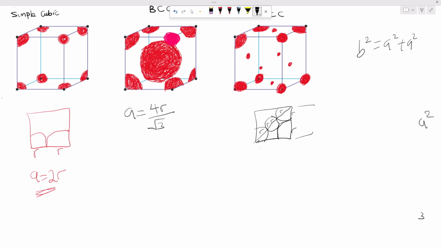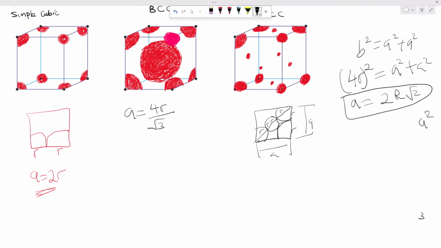So if this is A, this is also an A, because all sides of a square are equal. So we apply Pythagoras theorem again, B square. So our B square is going to be 4R into square equal to A square plus A square. We know where this is going to lead. It takes us down to A is equal to 2R root 2. So this is for FCC.